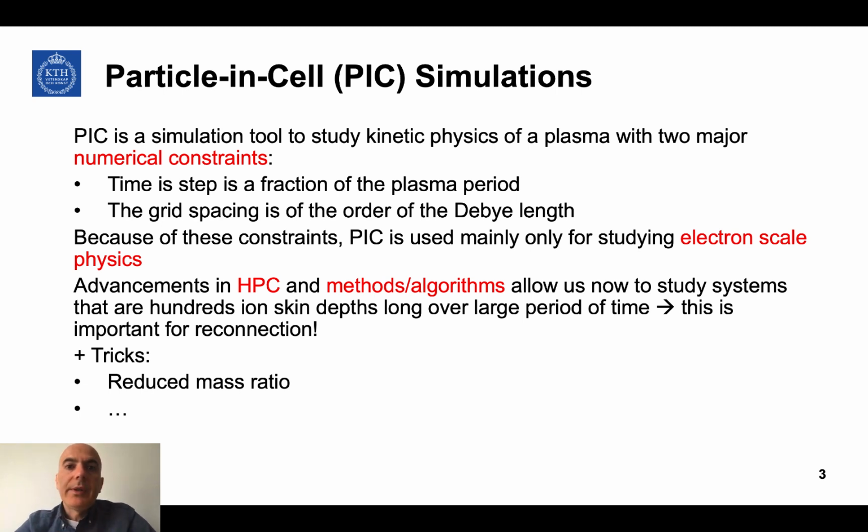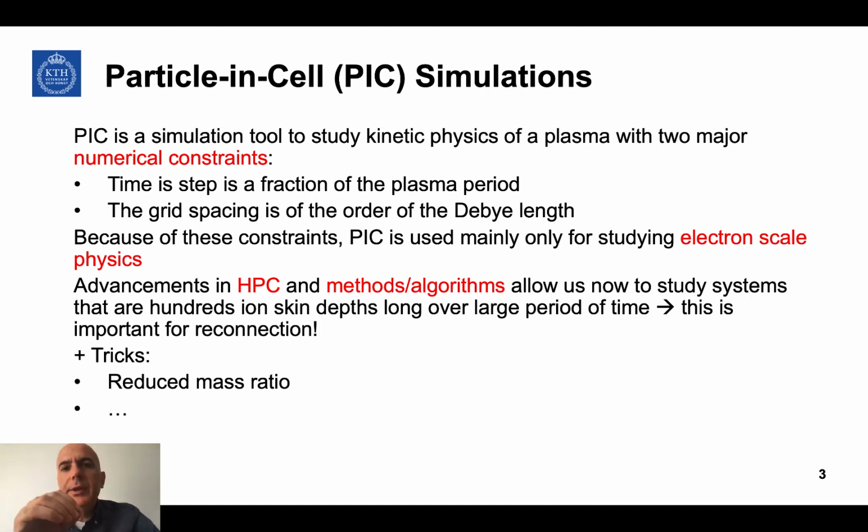We also have constraints regarding the grid spacing. In order for the simulation to be accurate, the grid spacing needs to be of the order of the Debye length. The Debye length is a spatial quantity that is again related to restoring the charge neutrality of a plasma, and it is also an electron quantity, because it is the electron motion that restores charge neutrality at a very small scale.